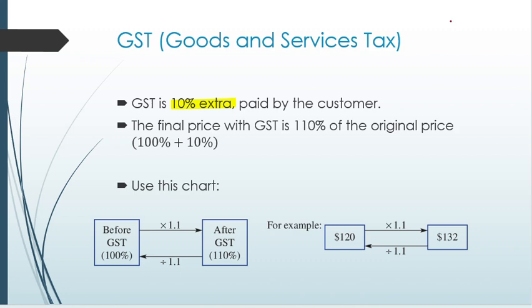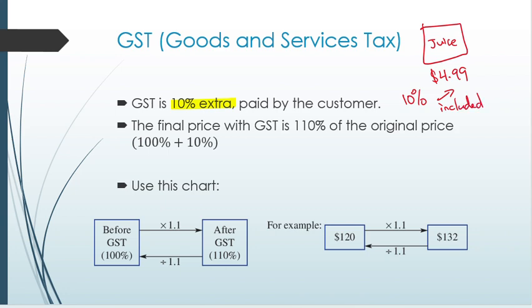For example, let's just say you get a bottle of juice, and the label says $4.99. That means the 10% is included already.